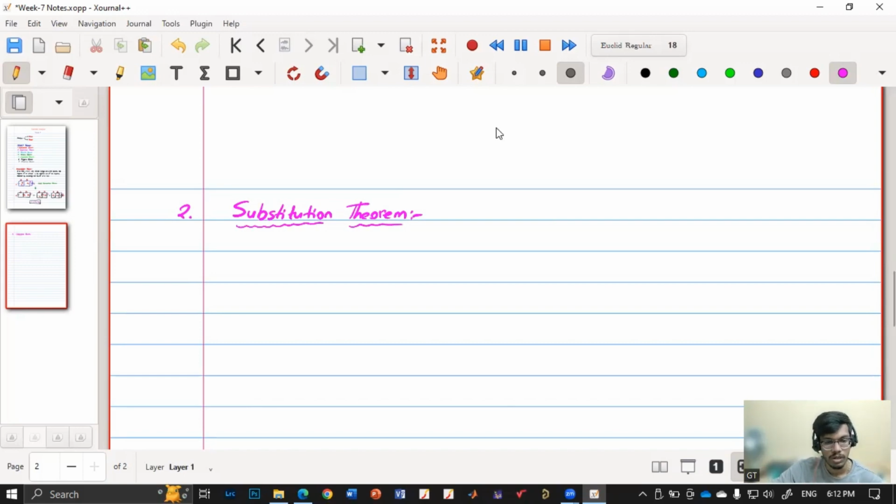Yes, sir, clear. Okay. So the substitution theorem is like, in any given linear circuit, say there are a number of elements, and we have considered one element, say resistor R. It can be converted to an equivalent voltage source or an equivalent current source.